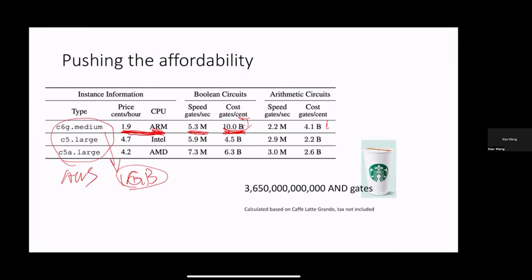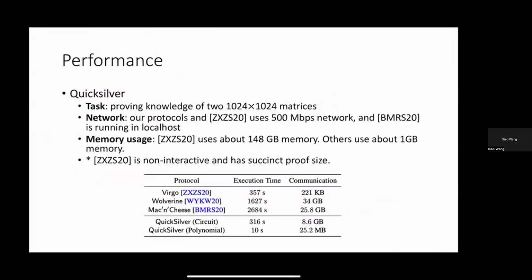One cup of latte is going to buy you 3,000 billion gates of zero knowledge proofs. This is the type of affordability we have. In the end, the affordability essentially boils down to the fact that we do not need high memory, and that the computation is fast. This is how we can bring the cost down so low.